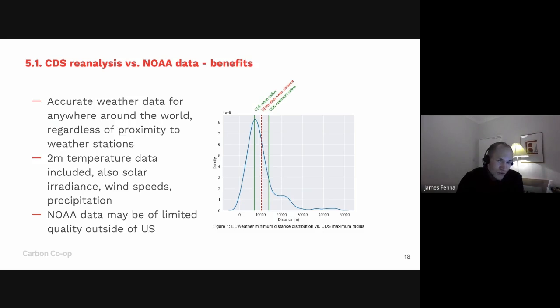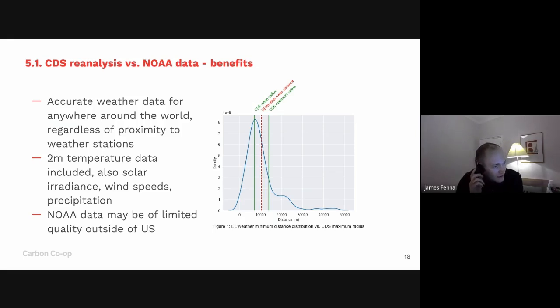I'm not sure whether the weather data outside of the US is of sufficient quality to actually run a model like OpenEEmeter, whether you can make consistent weather calls, not just having hourly weather data, but also potentially missing decades of 2-meter temperature data, which is going to be problematic.